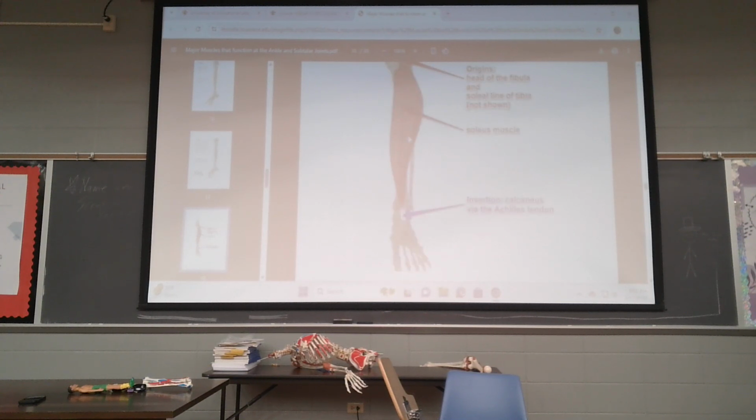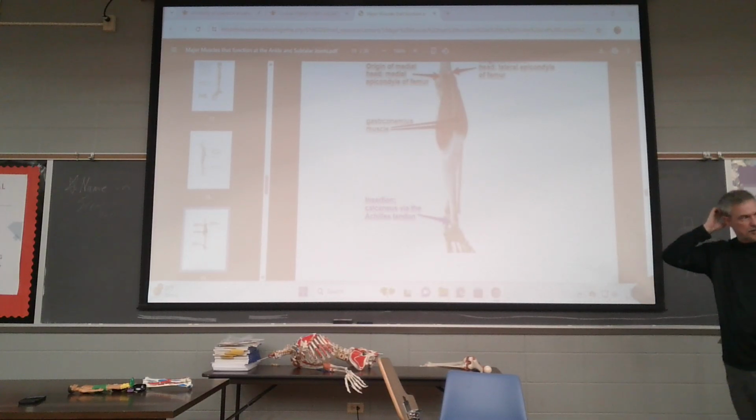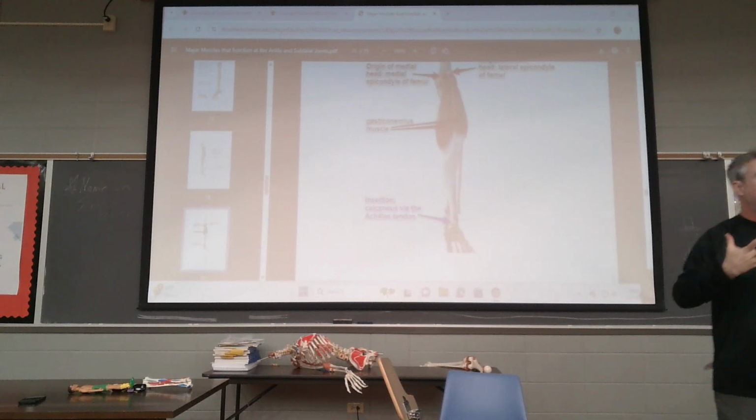How do we know this is the soleus besides it saying soleus? Then across the knee joint, right? Remember that? The soleus stops at the tibia, the gastroc crosses the knee. And if you notice where they insert on the calcaneus, the big tendon called the triceps surae, that big Achilles tendon.